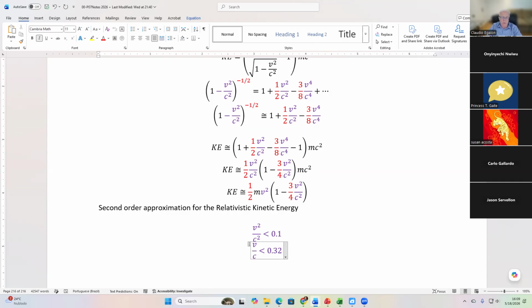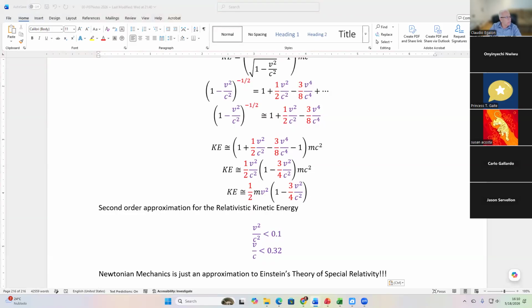You incur an error of less than 10%. That's my second order approximation. And so just remember, Newtonian mechanics is just an approximation to Einstein's theory of special relativity.